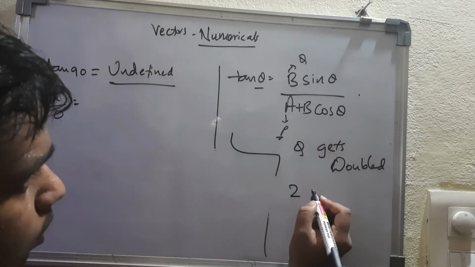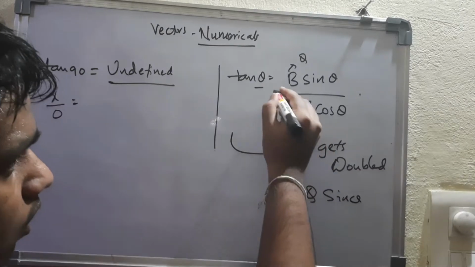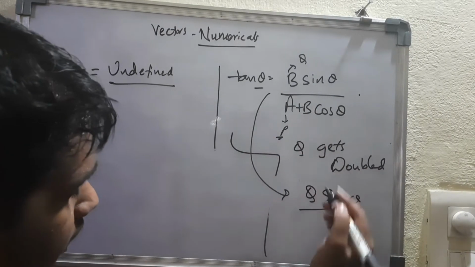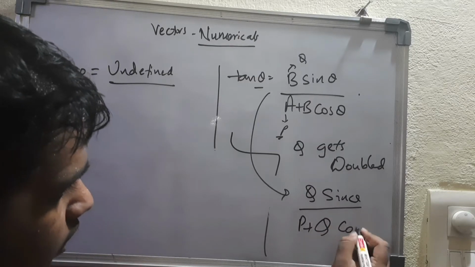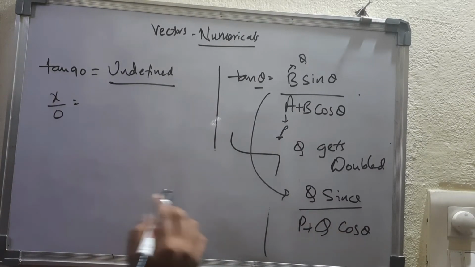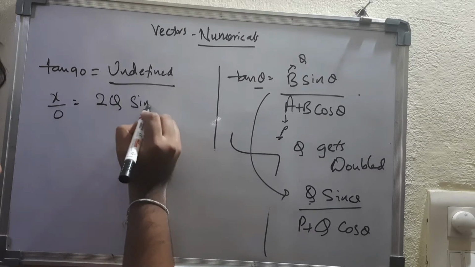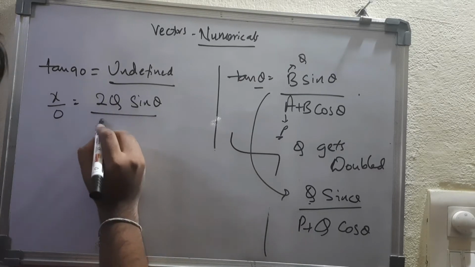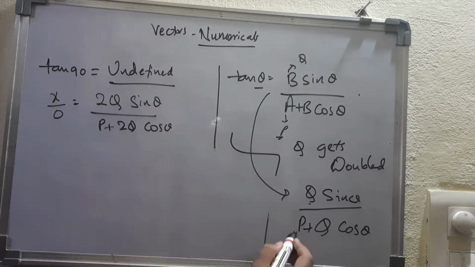what we got here: q sin theta by p plus q cos theta before. Now q gets doubled, so it becomes 2q sin theta by p plus 2q cos theta. Okay, understood?